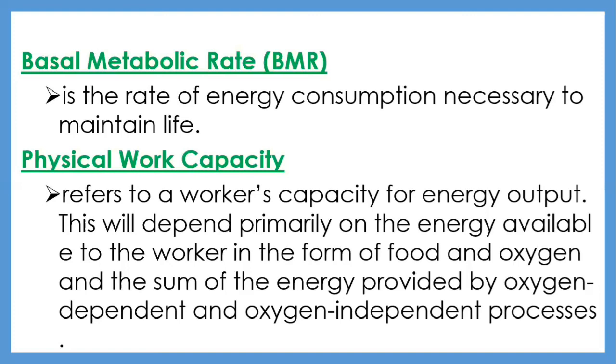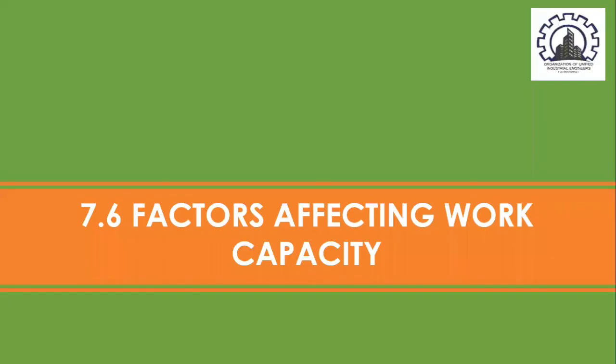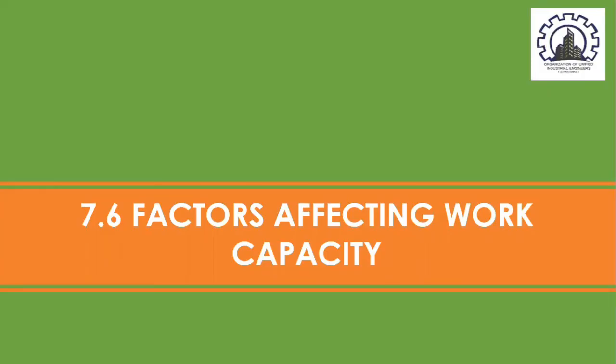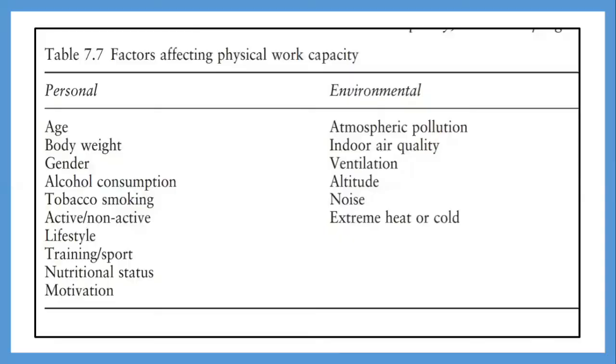And finally, the last key area of our lesson for today is the factors affecting work capacity. In actuality, there are a couple of factors affecting our physical work capacity. They can be categorized as personal factors and environmental factors.